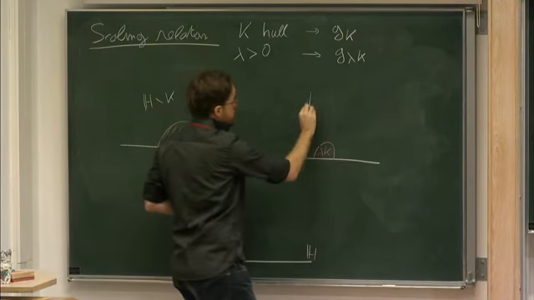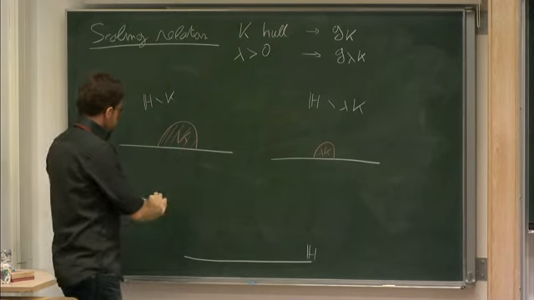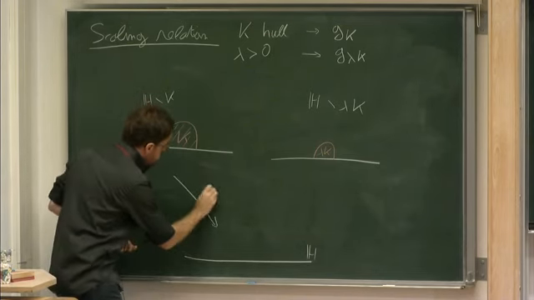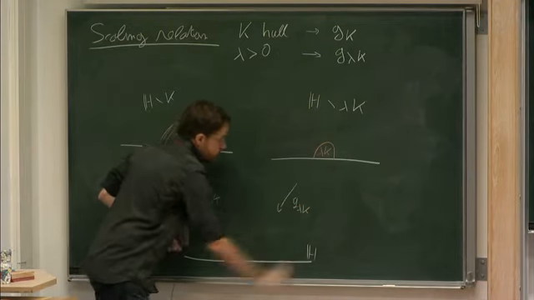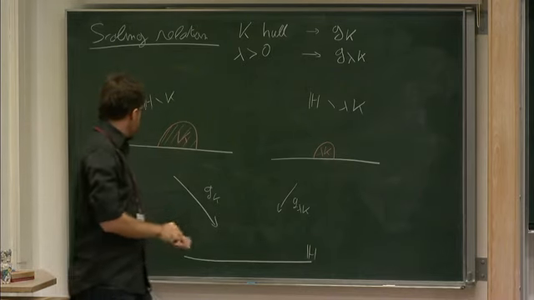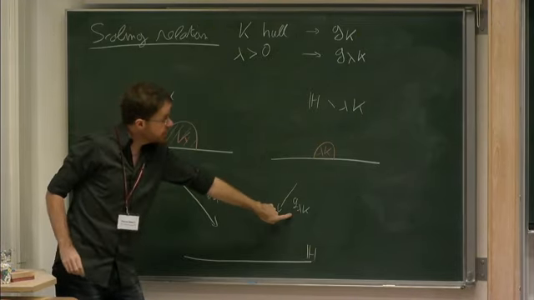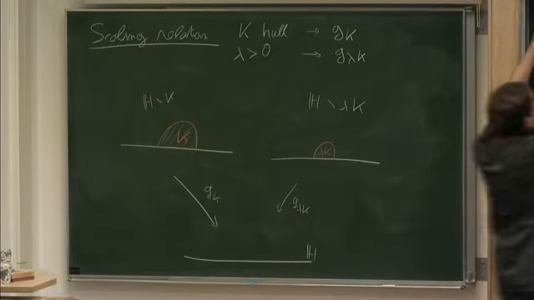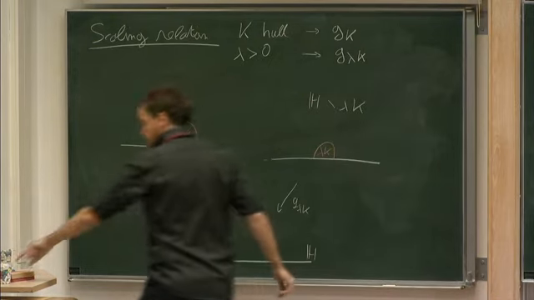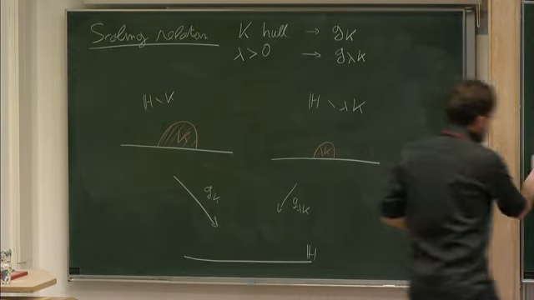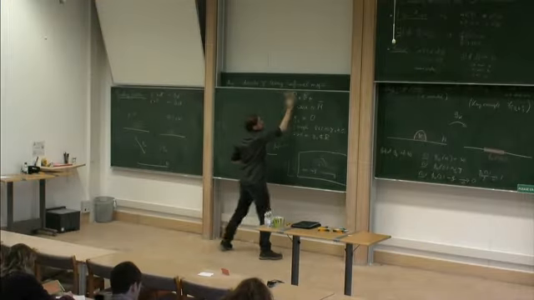This is H minus lambda K. And we have two conformal maps in the picture, which are g_K and g_lambda K. And the question is, how are g_K and g_lambda K related? So another way of asking the same question is, if you know g_K, how can you compute g_lambda K?